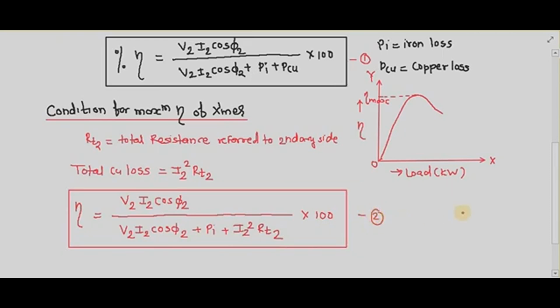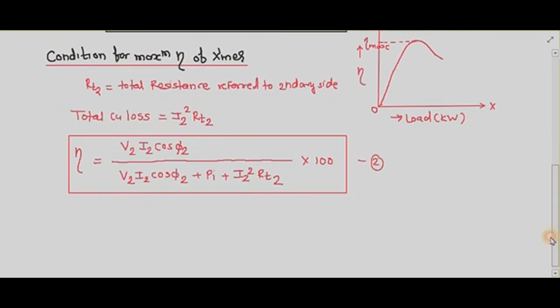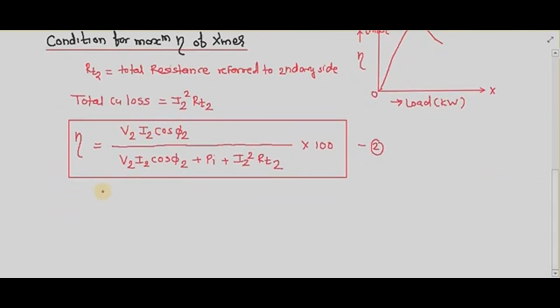Now let us divide the numerator and denominator of equation number 2 by I2. For the sake of understanding, I will write phi2 as phi now, because for a transformer phi1 is approximately equal to phi2, approximately phi. So dividing the numerator and denominator by I2, what I will get?